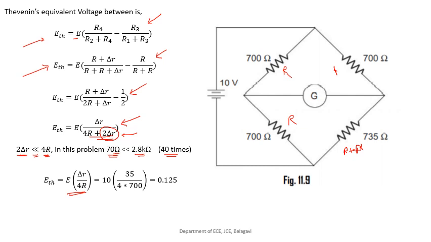So delta R is 35, 4 times 700. If you solve for that, you will get around 0.125 volts. Try to understand that it is an approximation method because you are ignoring this 2 delta R.